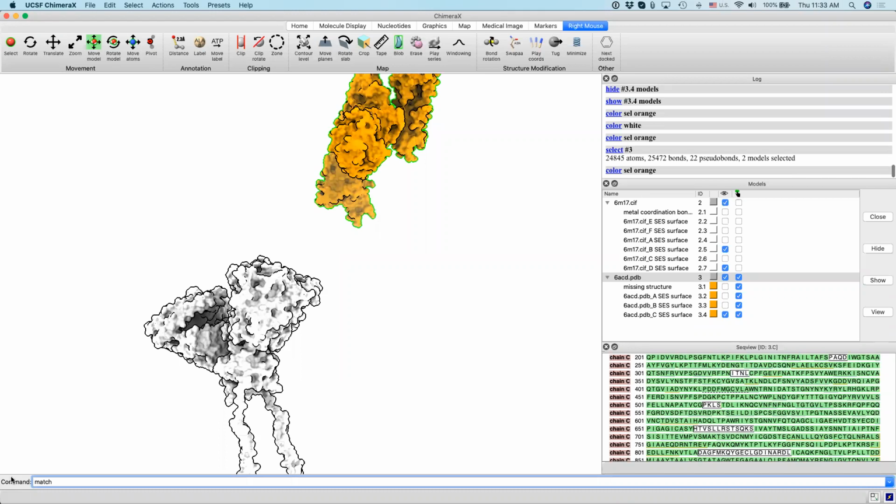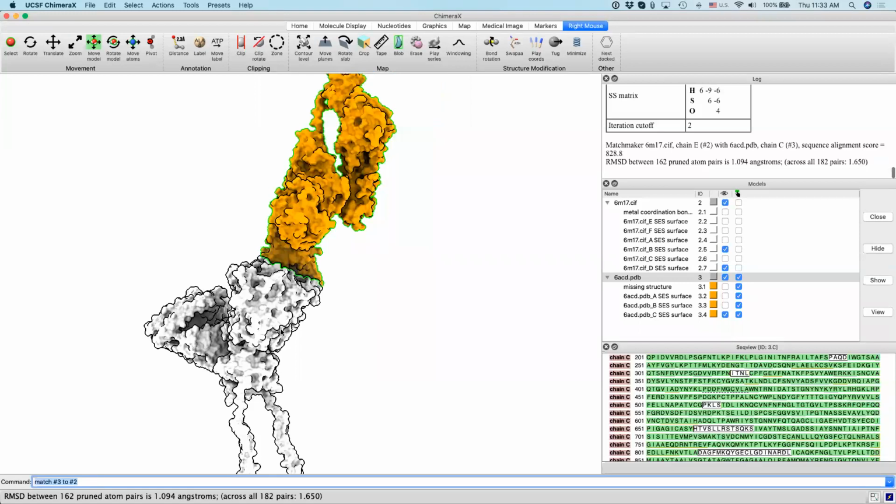I say that there's a matching sequence between model 2, which is this one, and model 3. So I will take model 3 and align it to model 2. I just type this in the command, match number 3 to number 2, and I press enter.